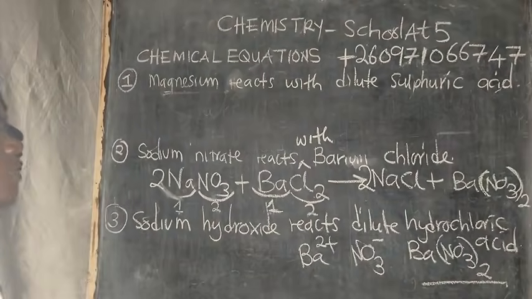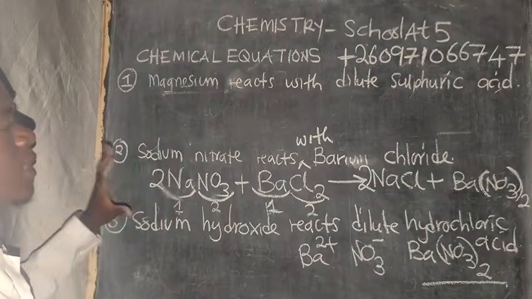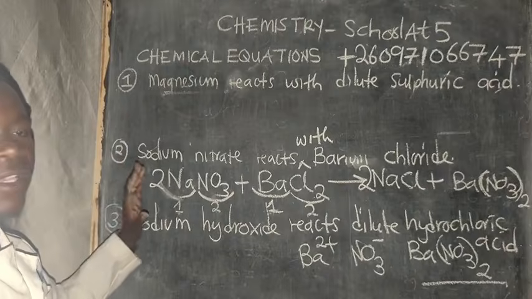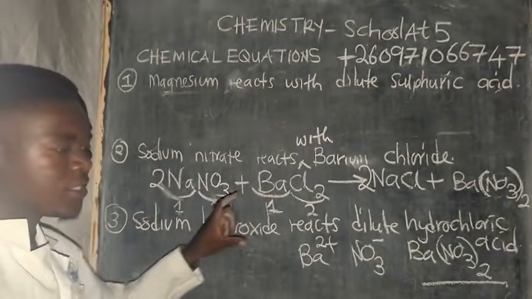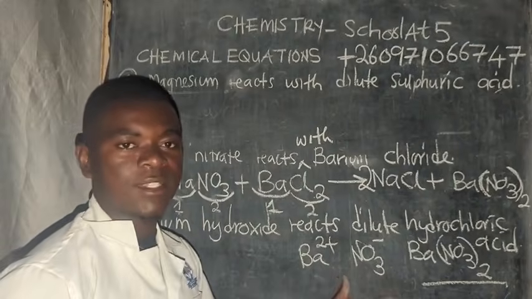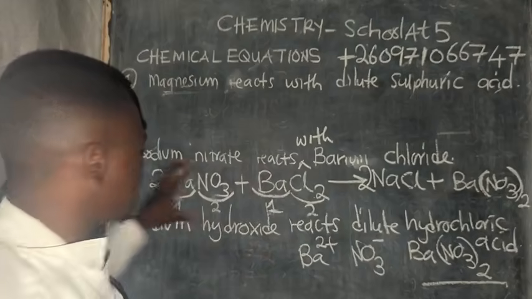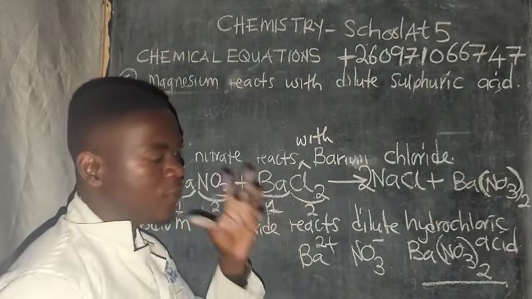But in this lesson, I'm not talking so much about how to balance equations. I just want you to know how to form chemical equations. I just want everyone to adapt to the way I answer questions. Even as I'm doing this, I just want you to have a picture.